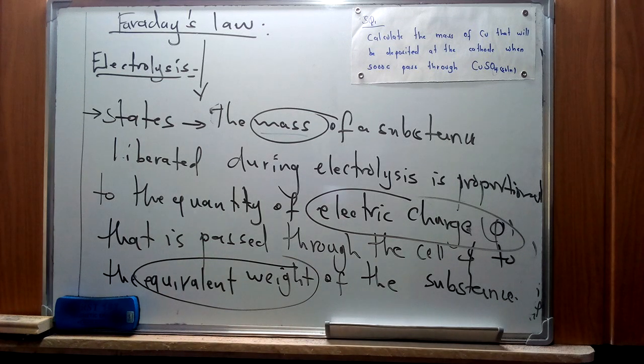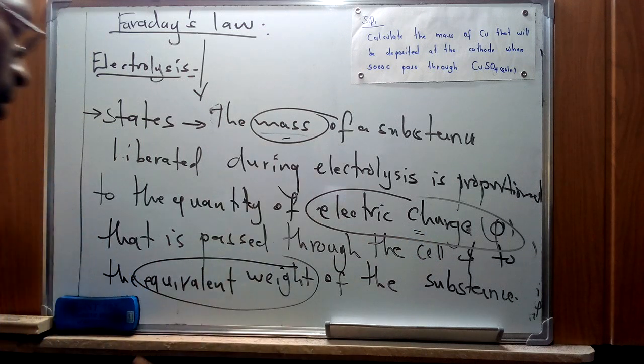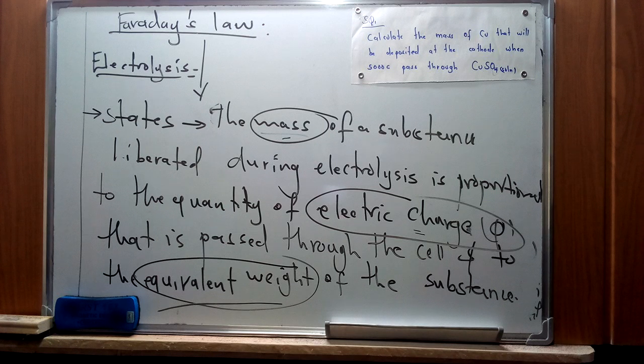Now in this case, of course, we have already discussed the concept of electric charge. Of course, mass is conversant with us, but there's a new concept that is being introduced, which is equivalent weight. And this is the concept that we had discussed when we were trying to talk about the topic of volumetric analysis, whereby we were discussing the concept of normality of a solution.